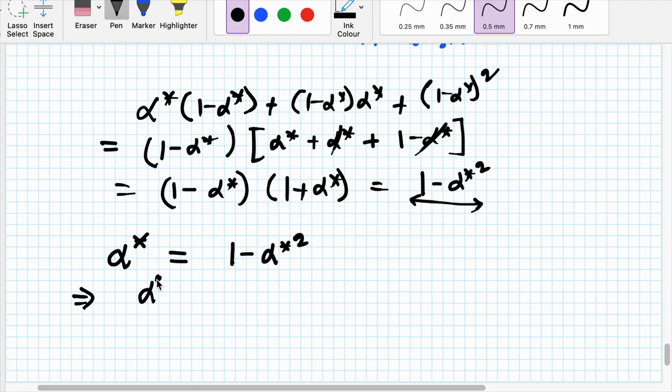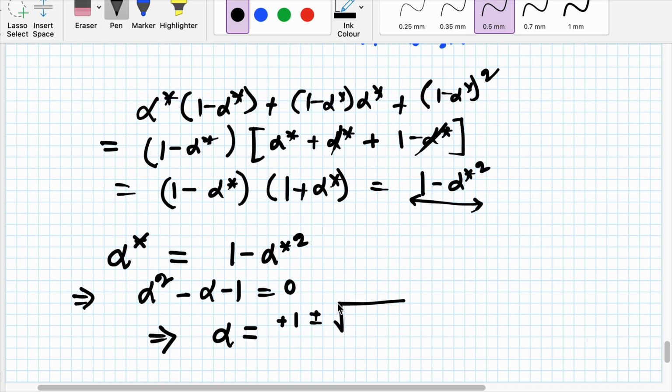alpha square plus alpha minus 1 is 0. So alpha equals minus 1 plus or minus root over b square minus 4ac by 2, so that is minus 1 plus or minus root 5 by 2.